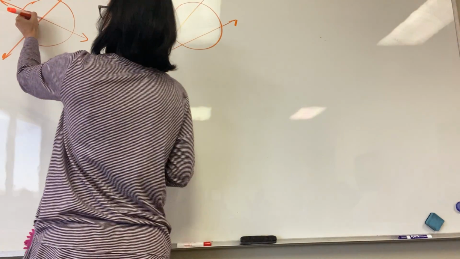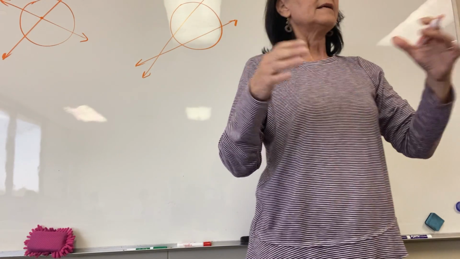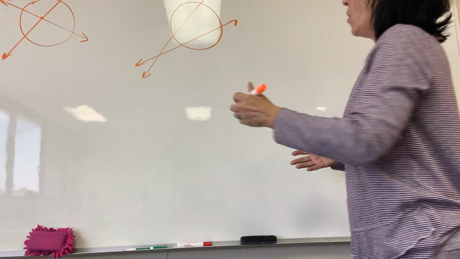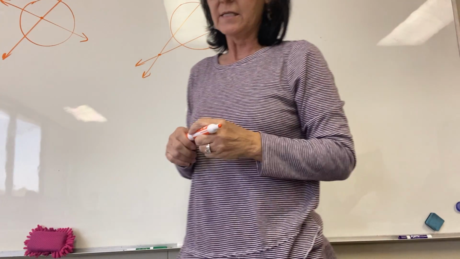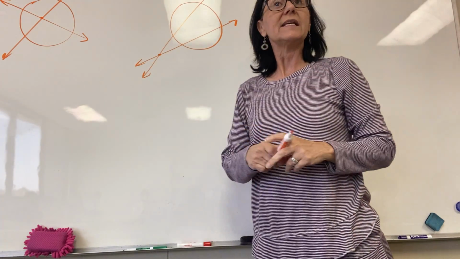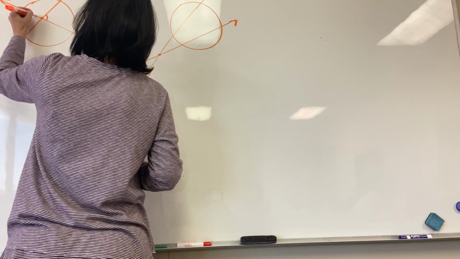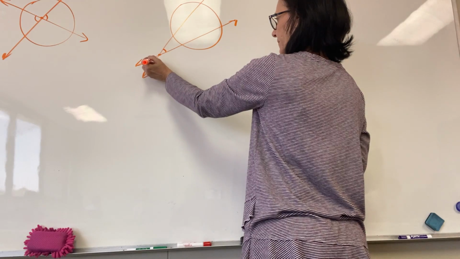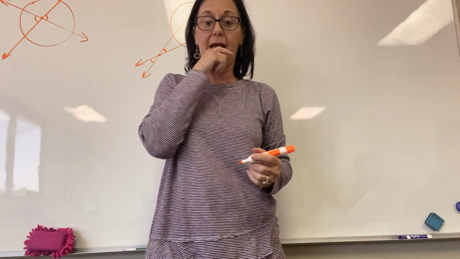The two secant lines intersect at some point inside the circle, or they intersect at some point outside the circle. And they create secant angles. Those are secant angles. Those are also vertical, right? So they have to be the exact same.